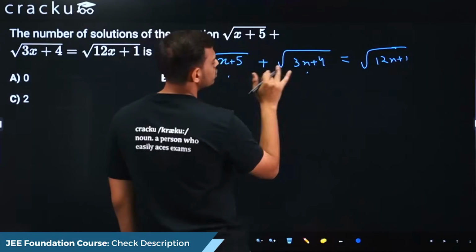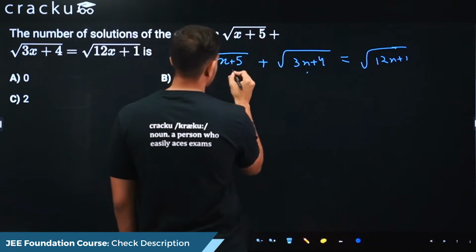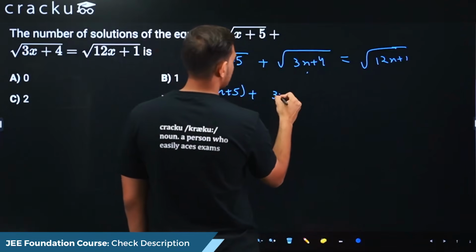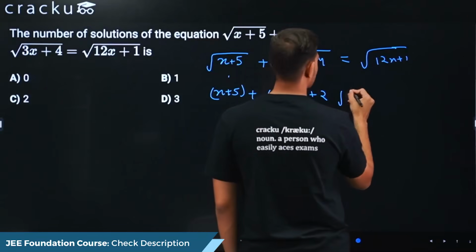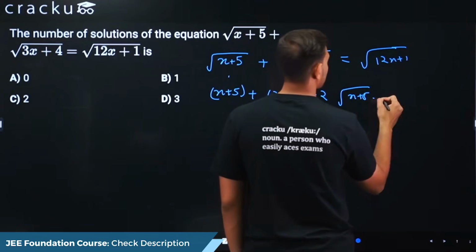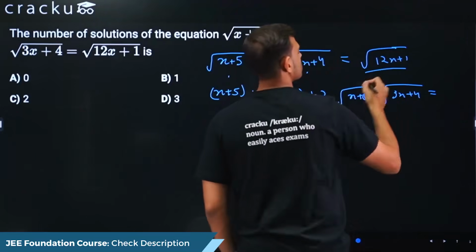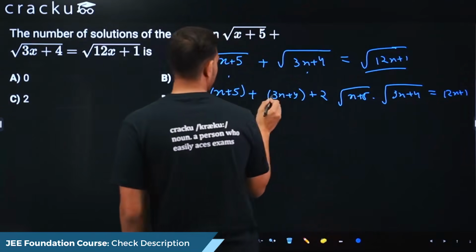A plus b whole square is a square plus b square plus 2ab. This will be a square x plus 5, b square 3x plus 4 plus 2ab. 2 times root x plus 5 multiplied by root 3x plus 4 equals the square of this, 12x plus 1. These x terms are 4x.